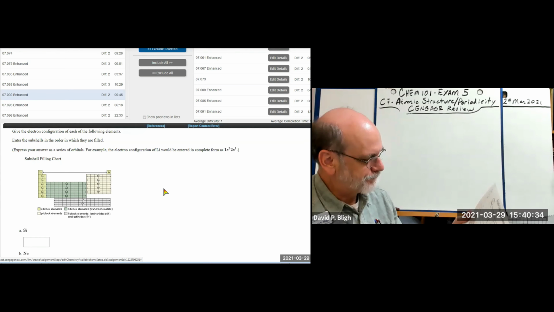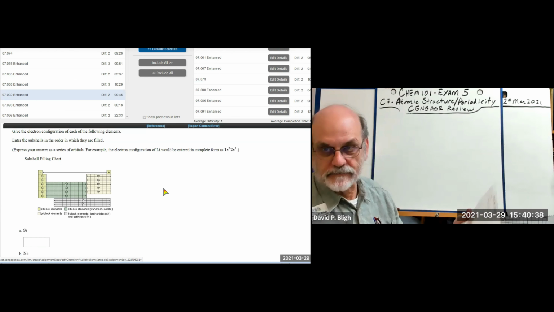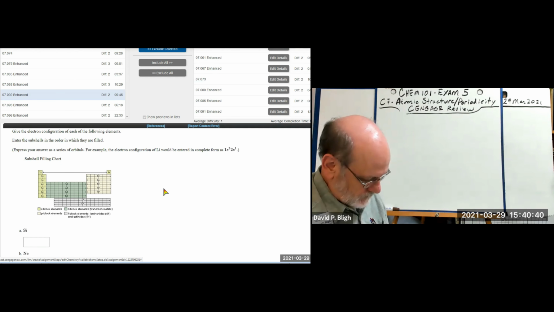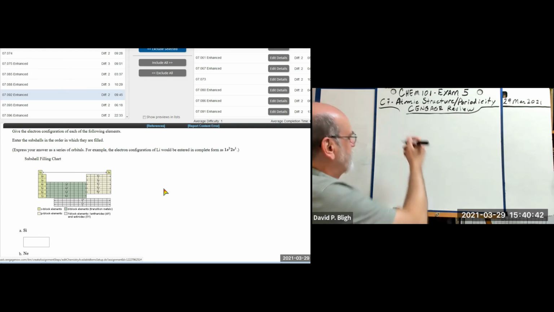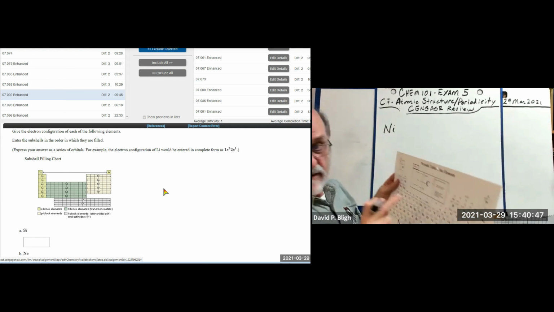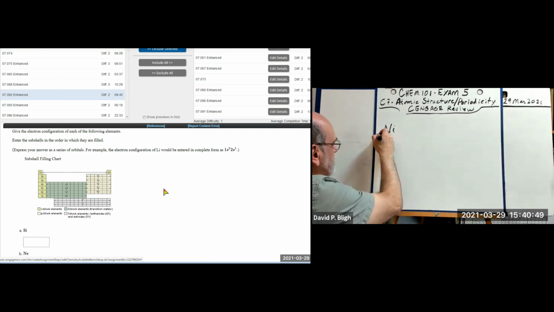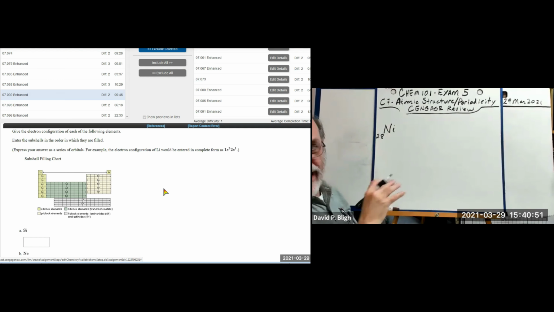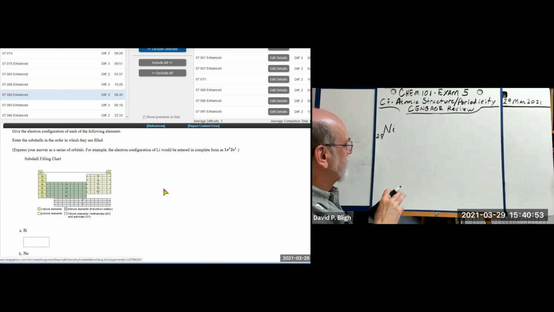How about nickel? Nickel has 28 protons, so the neutral atom has 28 electrons.